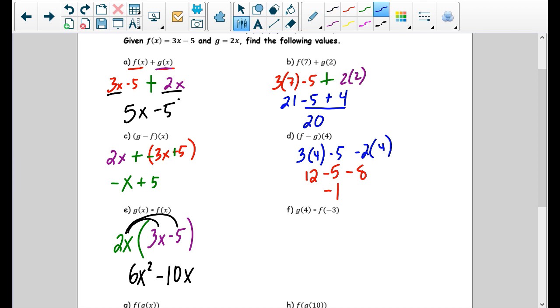So again, with numbers now, so g of 4, so I have 2 times 4, and all of that times 3x minus 5, or 3 times negative 3 plus 5.